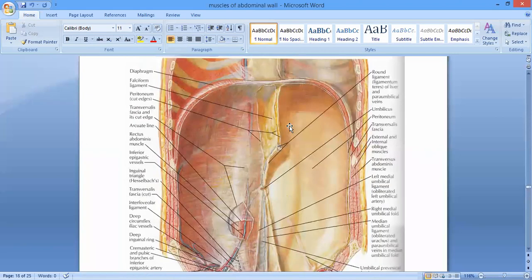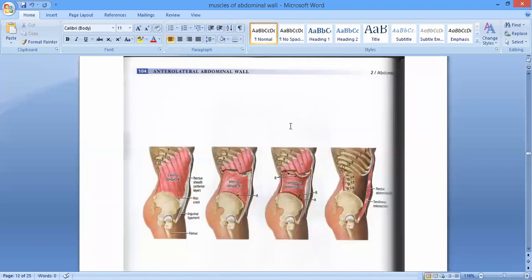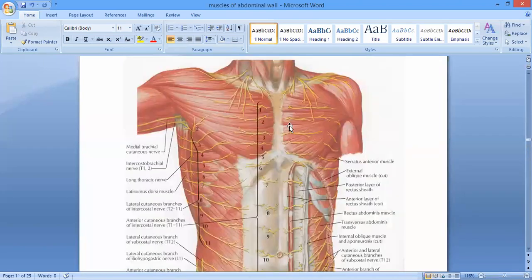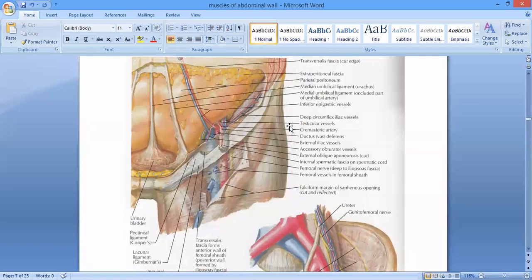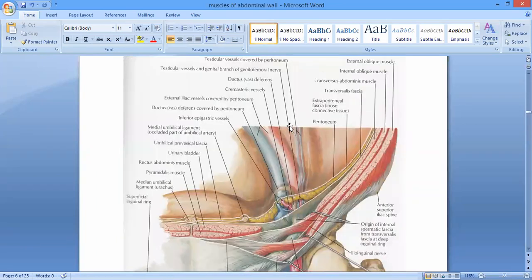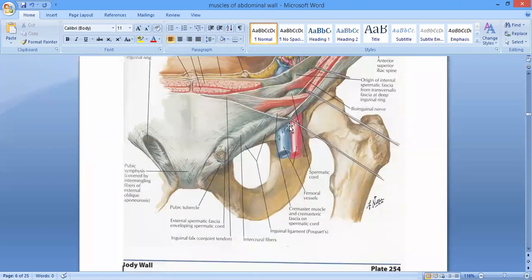ओके जी. Who can tell me about the inguinal ligament जी? इंग्वाइनल लिगामेंट के बारे में कौन बताएगा जी? What is the inguinal ligament? Anybody else? Anybody जी?